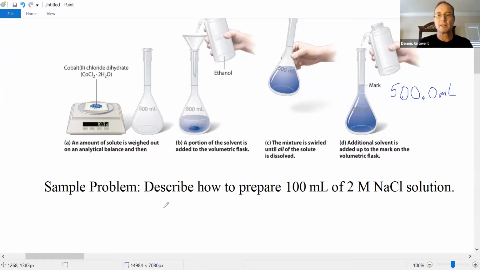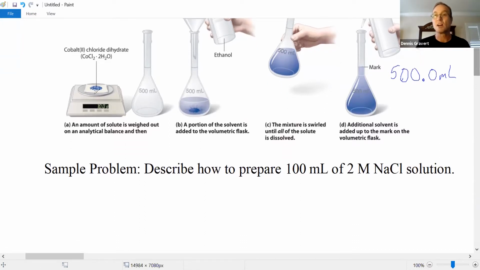Okay, so what do we want? Well, we want to know how many grams of salt to put on the balance. From the question, describe how to prepare 100 milliliters of 2 molar sodium chloride solution, there's no mention of grams. So you need to have an idea conceptually what is going on. How do you prepare solutions?